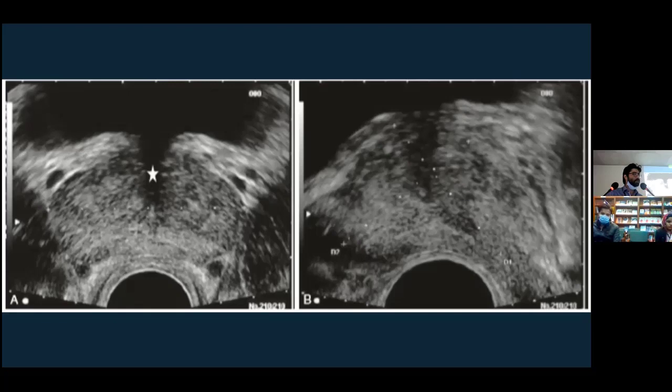So once we ask somebody to have the knowledge of using a transrectal probe, then the students will learn how to have images or how to differentiate images which are transverse as compared to the longitudinal.